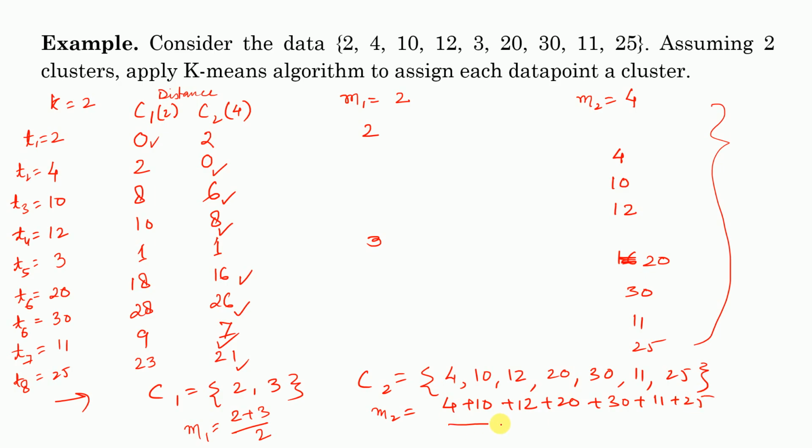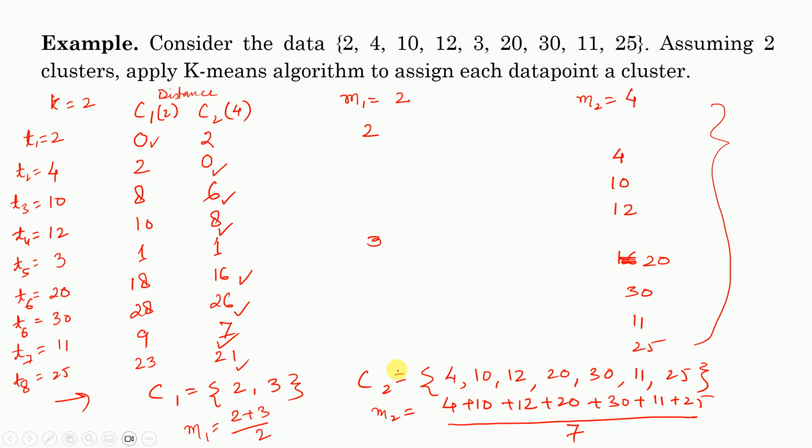And how many points are there? 1, 2, 3, 4, 5, 6, 7. So 7 points are there. So this will be the updated centroid. M1 will be the updated centroid for cluster C1, and M2 will be the updated centroid for C2.